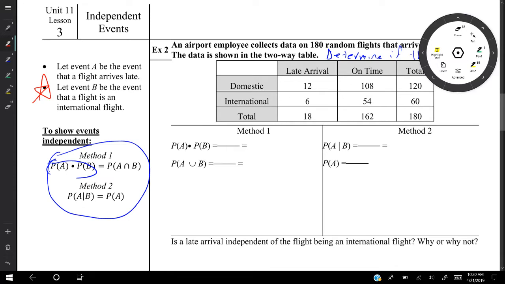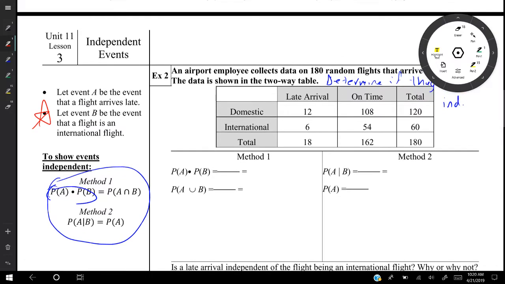So what is the probability that a flight arrives late? 18 out of 180. Times, let event B be the event that a flight is an international flight. Well, international flights, there are 60 out of 180.